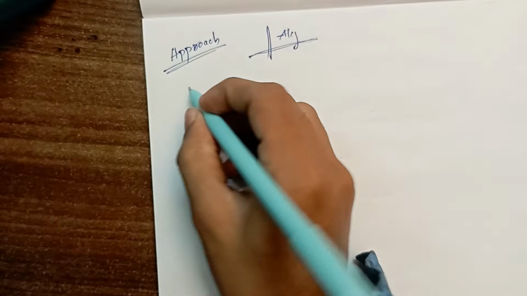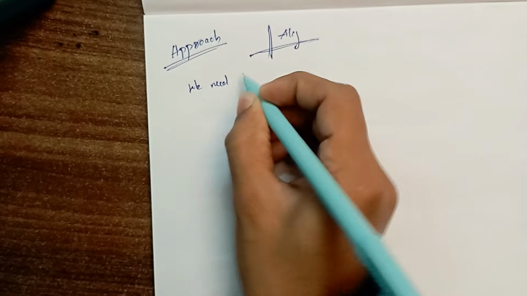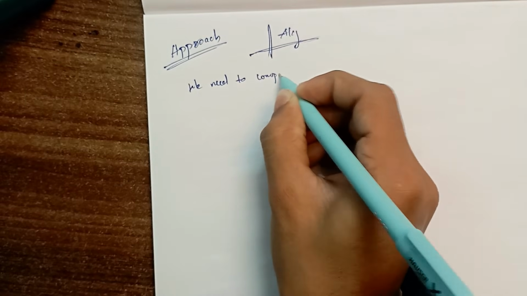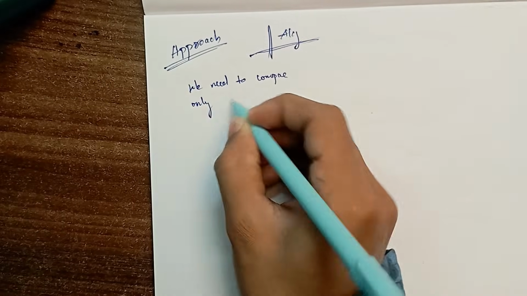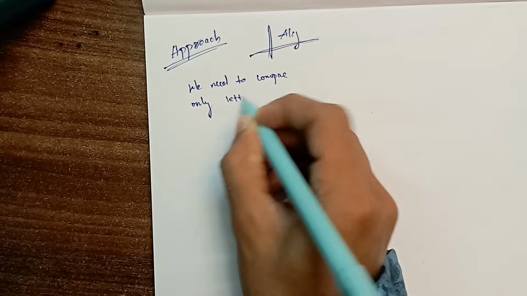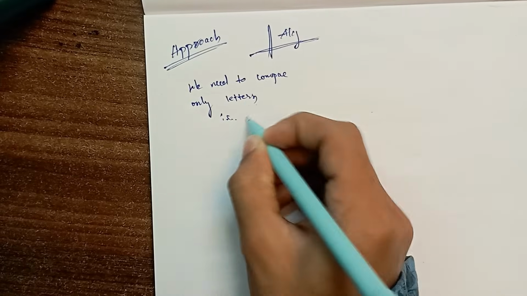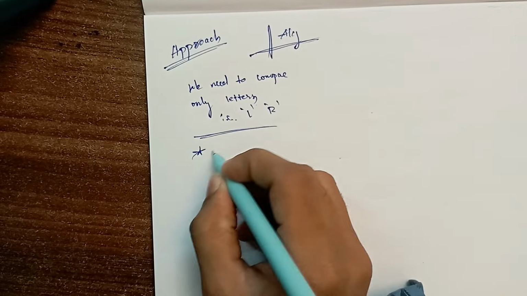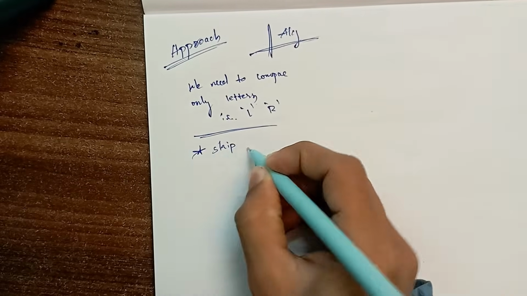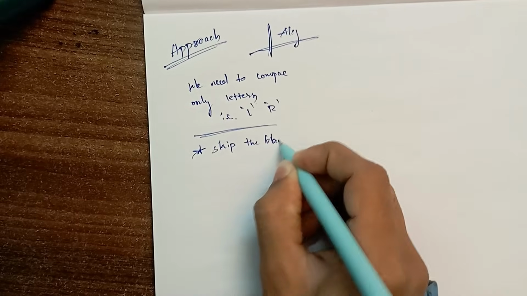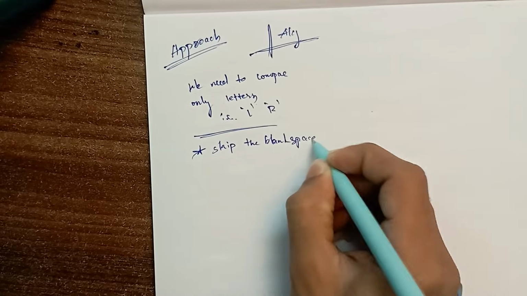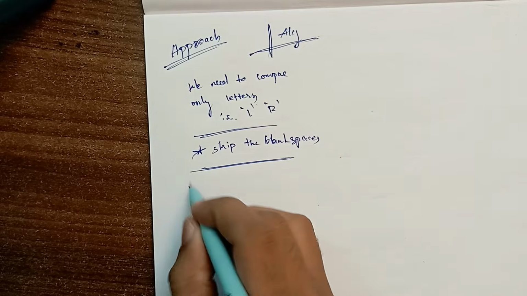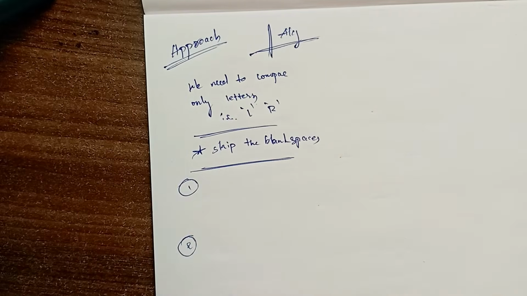As I said, we need to compare only letters, L and R. So the thing is, skip the blank spaces.